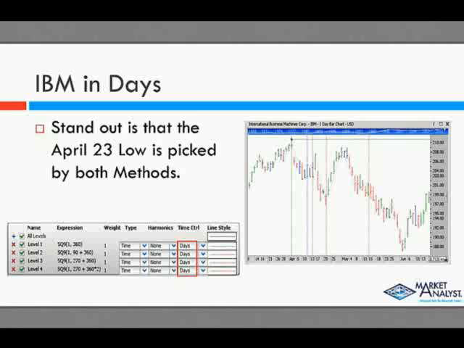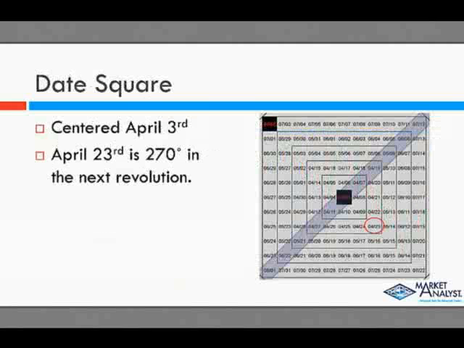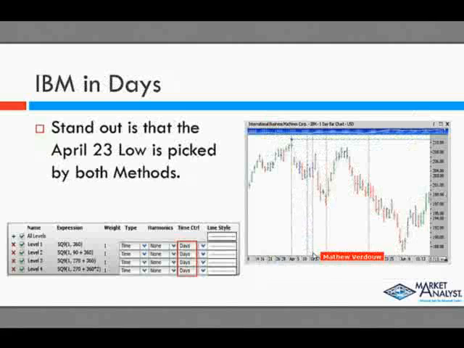And so we know that this is a day that we have to watch out for. And to view that day, so here's the day, the 4th of April, and you can see that as we're moving around, going into our second circle, so on our second revolution at 270 degrees, we have April the 23rd, and that's where this line here comes from.